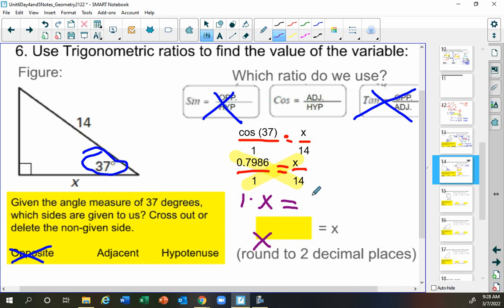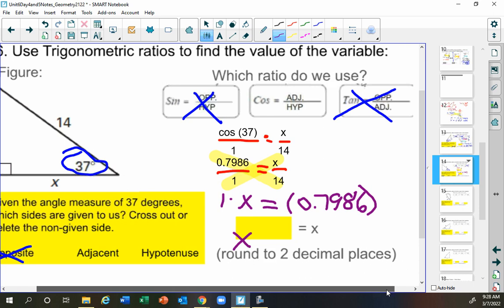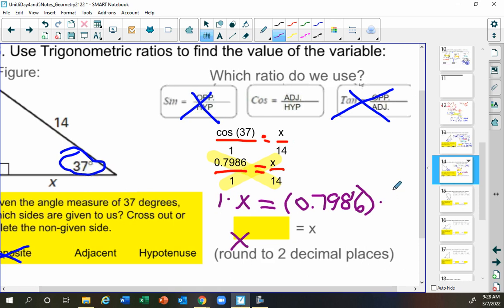And then we're going to multiply 0.7986 times 14. So now we're just down to multiplying the 14 times the 0.7986.